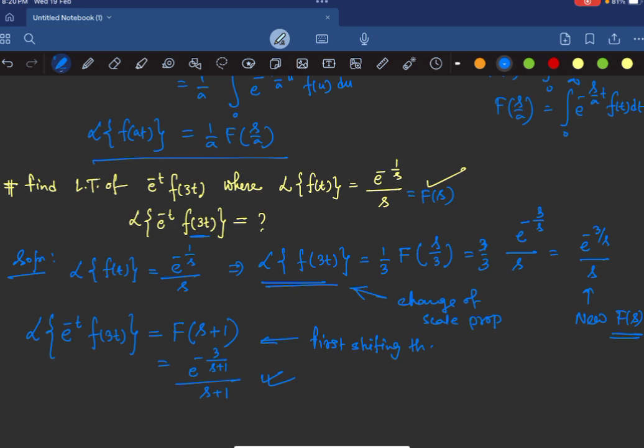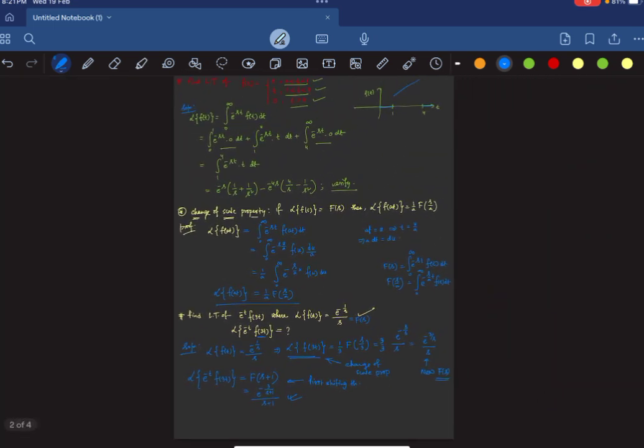Now another question I can give you. If you have any query or comment, then you can drop it in the comment section as well. Now write down the next question.